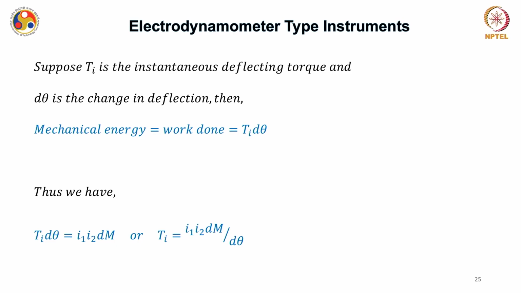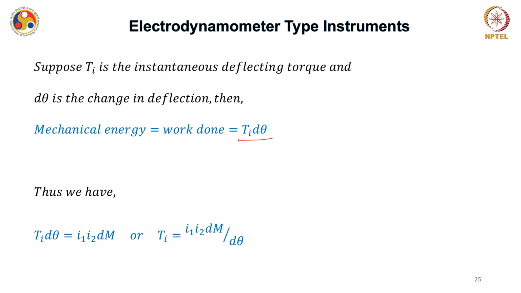Now, suppose Ti is the instantaneous deflecting torque and dθ is the change in the deflection. Then the mechanical energy is the work done, which is equal to the instantaneous deflecting torque into dθ. So Ti dθ is the mechanical energy.